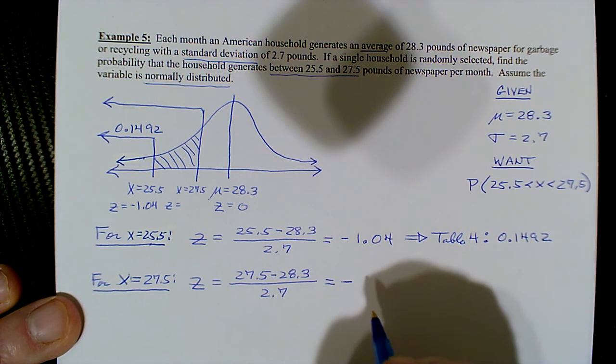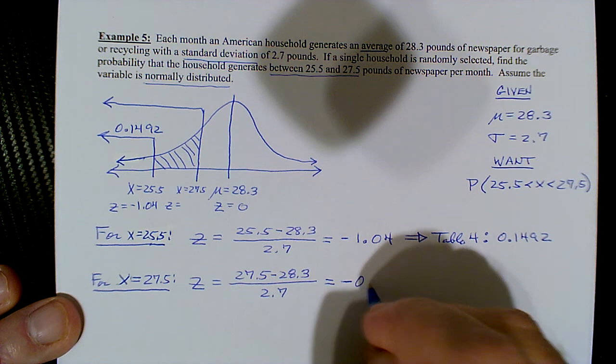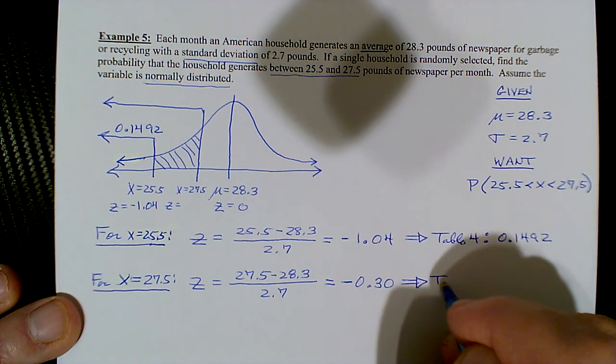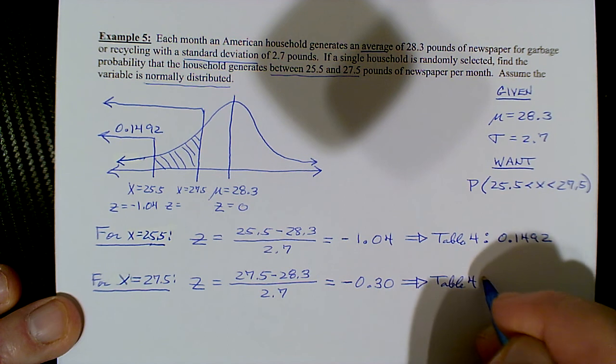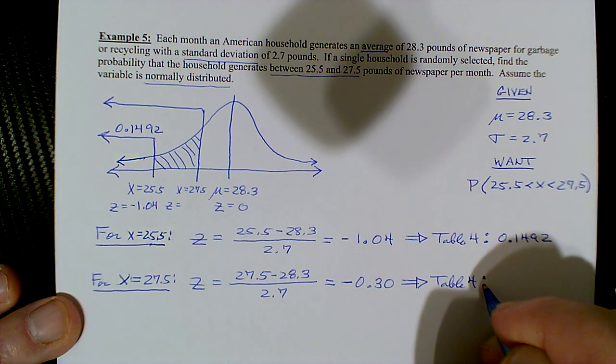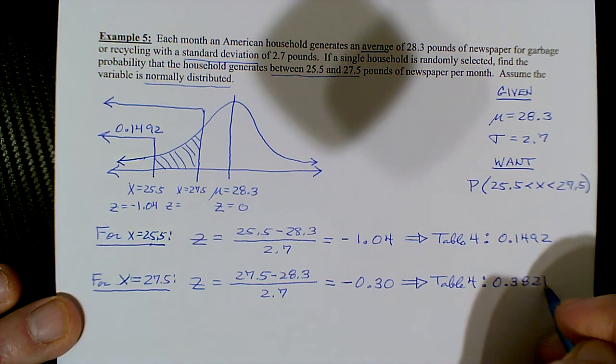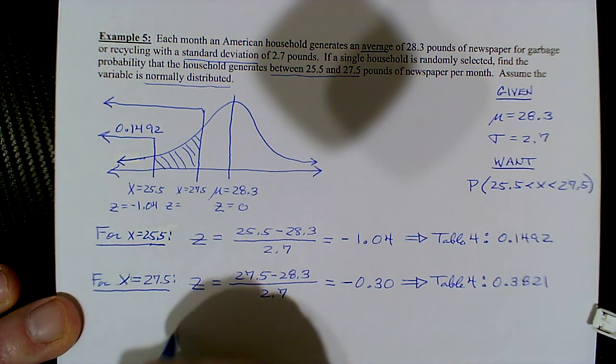And that gives us a negative 0.30 when rounded. So then we go to table 4 again. And we find that area to be 0.3821.